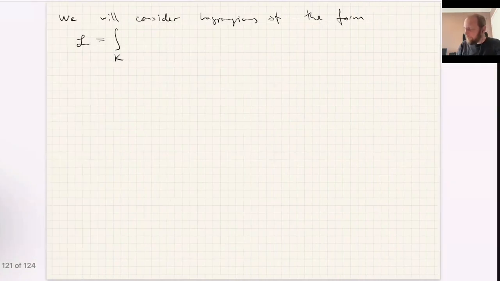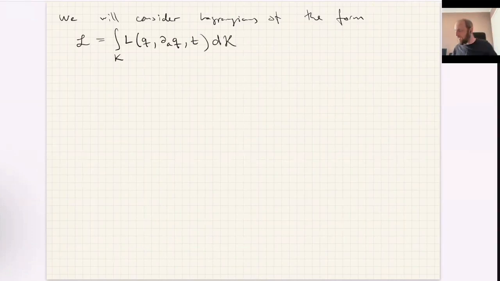The integral over k of some function L that generally depends on q, the configuration, but also on the derivatives of q, and possibly on time, integrated over some measure on the index set.